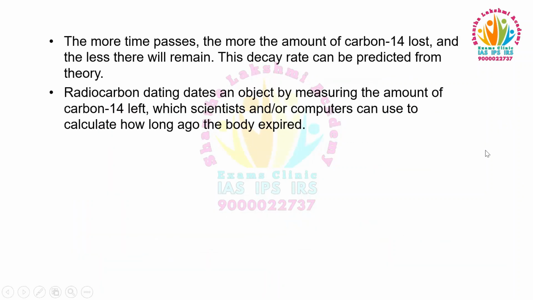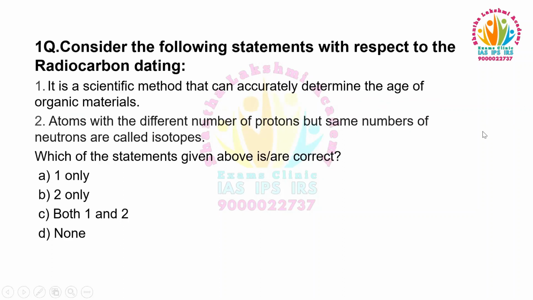The more time passes, the more carbon-14 is lost and the less remains. This decay rate can be predicted from theory. Radiocarbon dating dates an object by measuring the amount of carbon-14 left, which scientists or computers can use to calculate how long ago the body expired. So the answer is both 1 and 2.